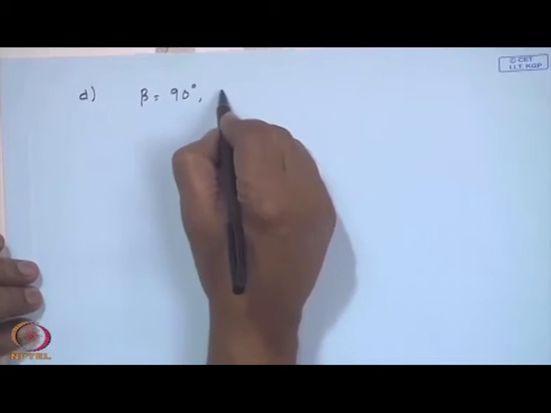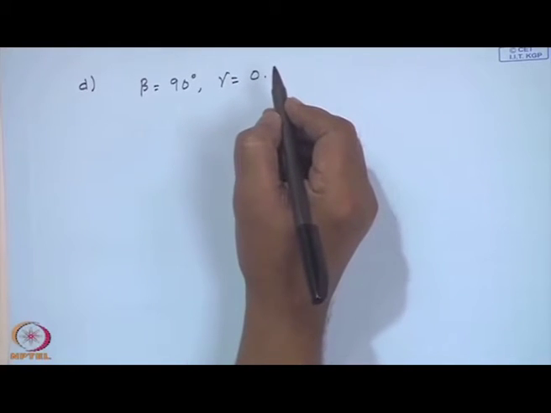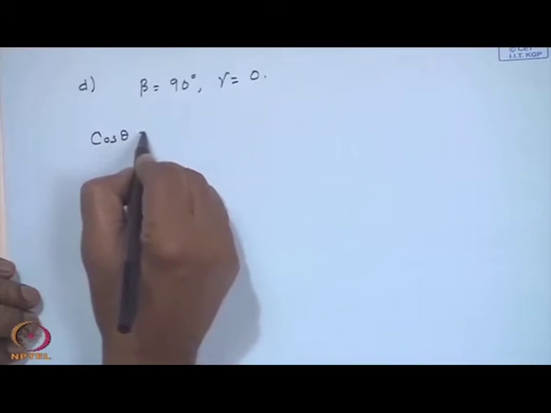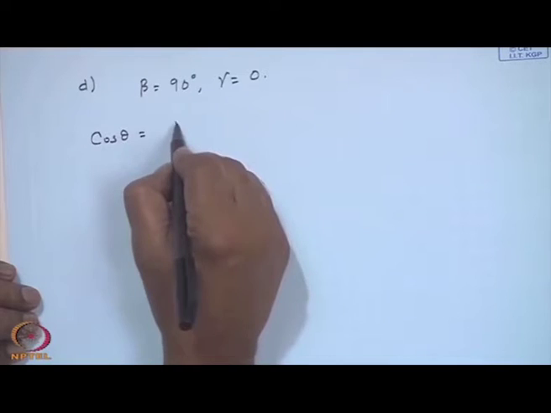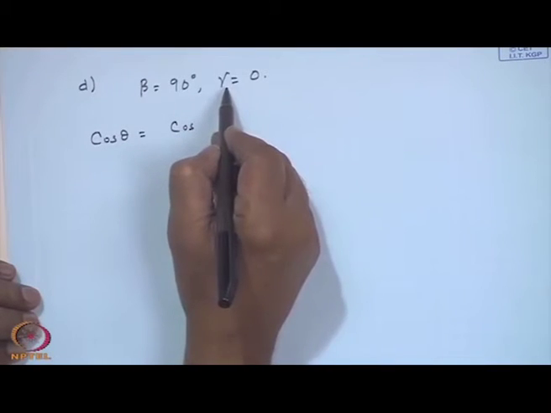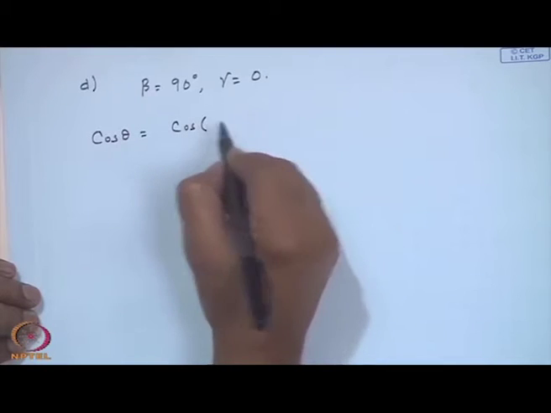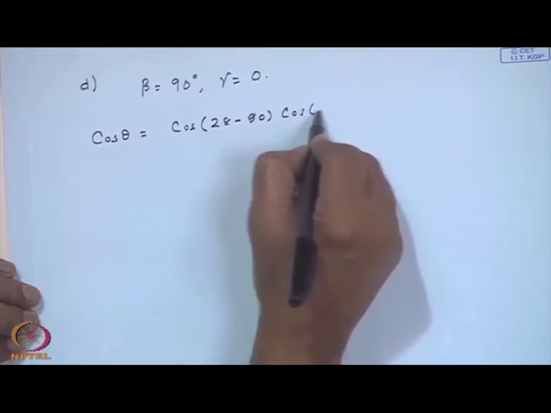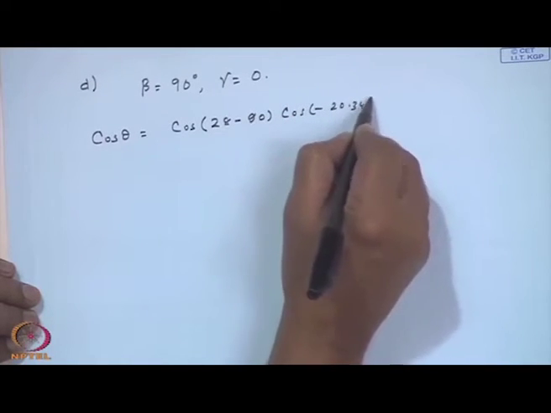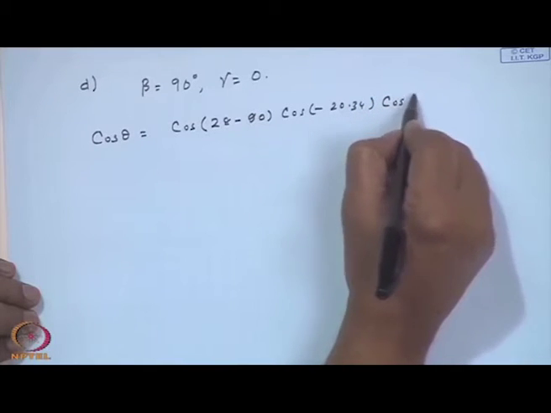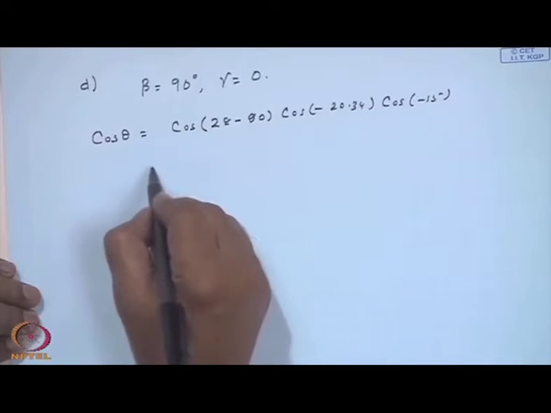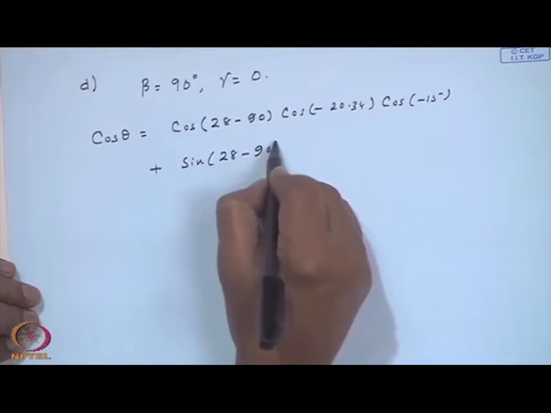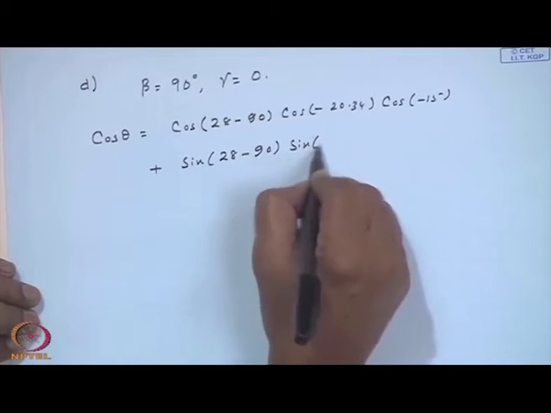Beta is 90 degrees, gamma is equal to 0, and I have written cos theta equal to, because gamma is equal to 0, a simpler expression: cos(phi minus beta) times cos delta times cos omega plus sin(phi minus beta) times sin delta.